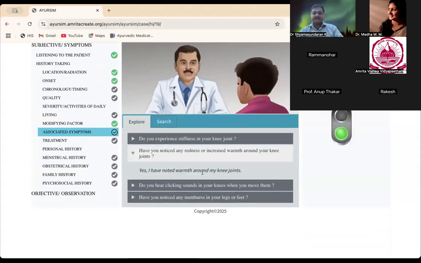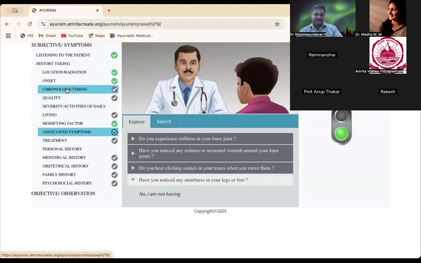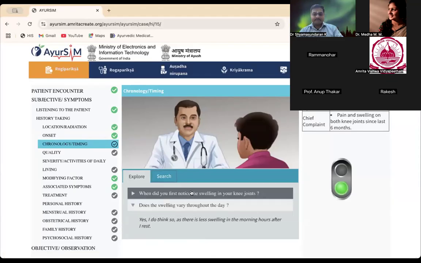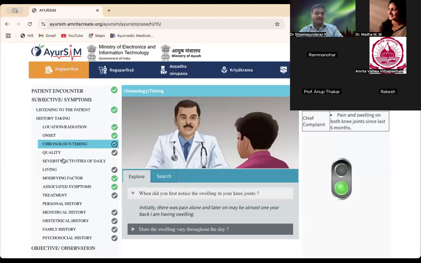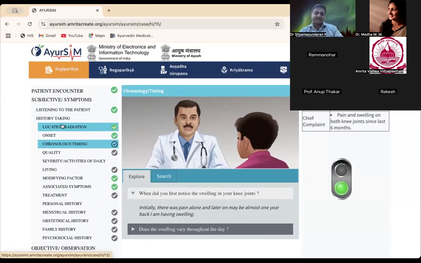So most of these questions are green, which means these are all relevant questions. Right? Yeah. So we will go through each of them like location, onset, chronology.